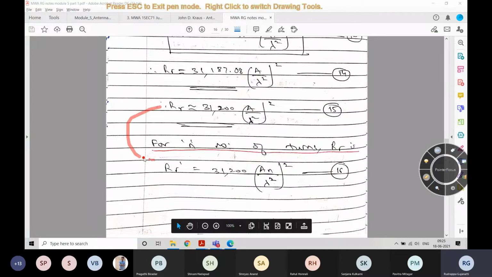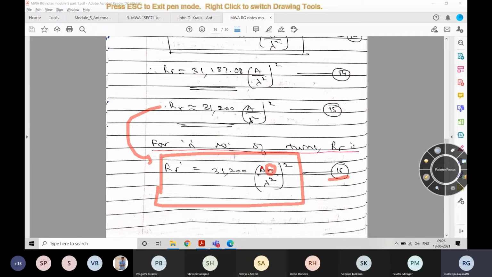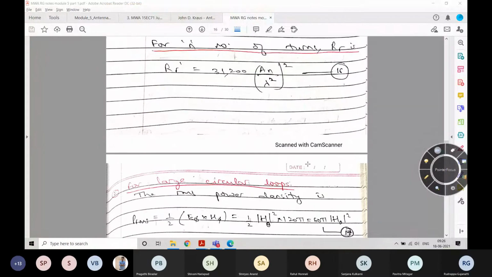Therefore, the same equation is represented as equation 16, in which there are n turns and each loop has an area of A. So it will be n into A divided by lambda square, the whole square. This is for n equal to 1 in general for the small loop.